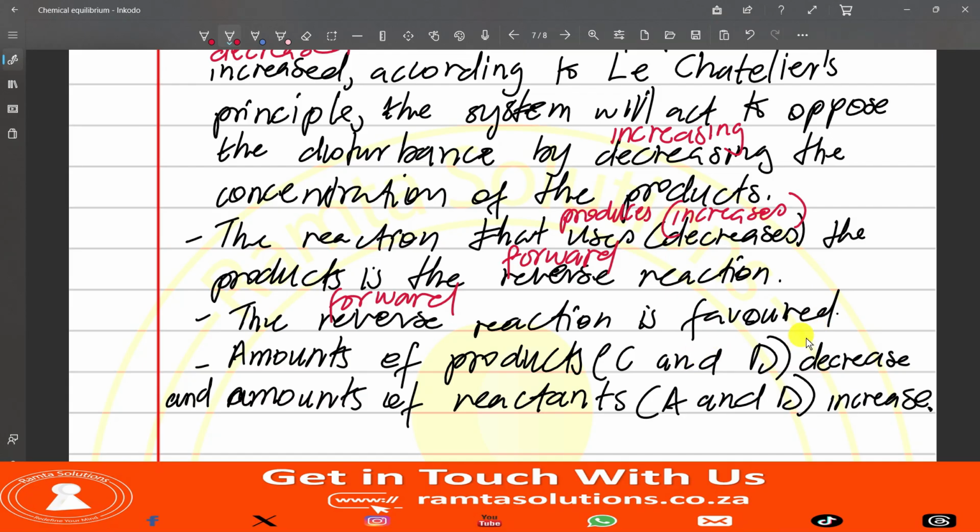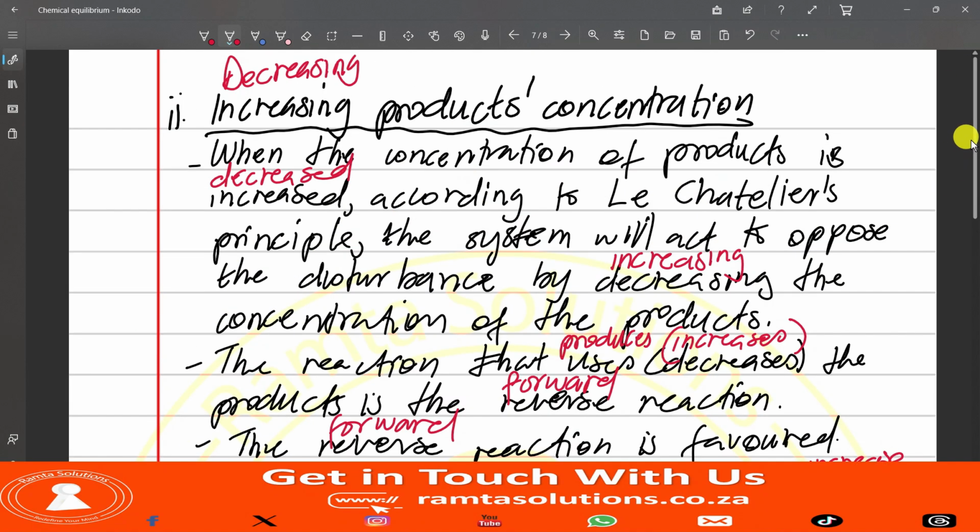The amount of products increases and the amount of reactants decreases. Right? So in black is when the amount of products increases, in red when the amount of products is decreased.